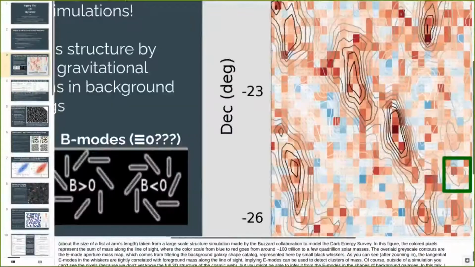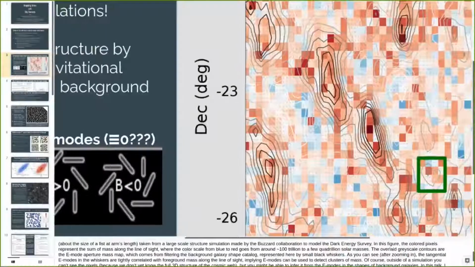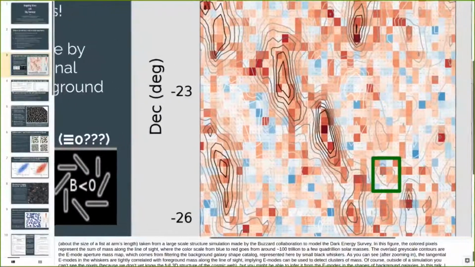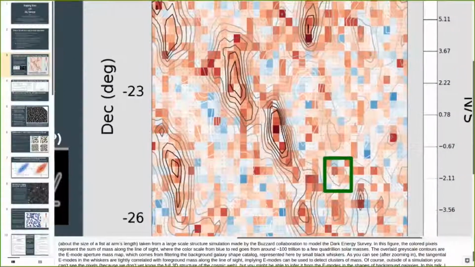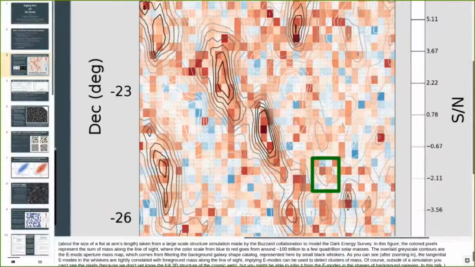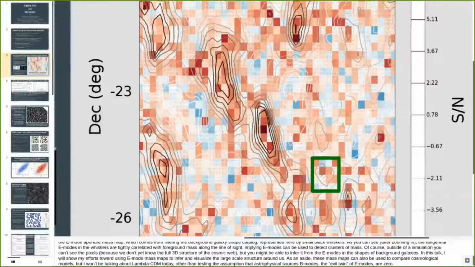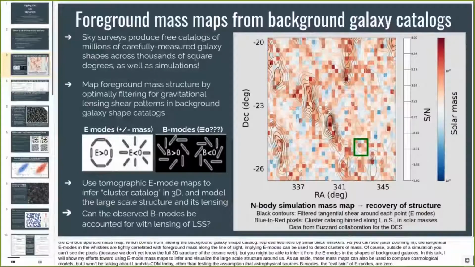As you can see, the tangential E modes in the whiskers are tightly correlated with the foreground mass along the line of sight, implying E modes can be used to detect clusters of mass. Of course, outside of a simulation, you can't see the pixels because we don't yet know the full 3D structure of the cosmic web, but you might be able to infer it from the E modes in the shapes of background galaxies.